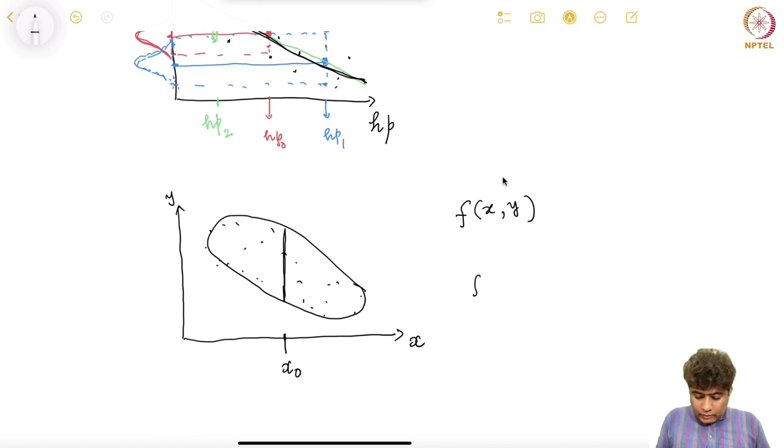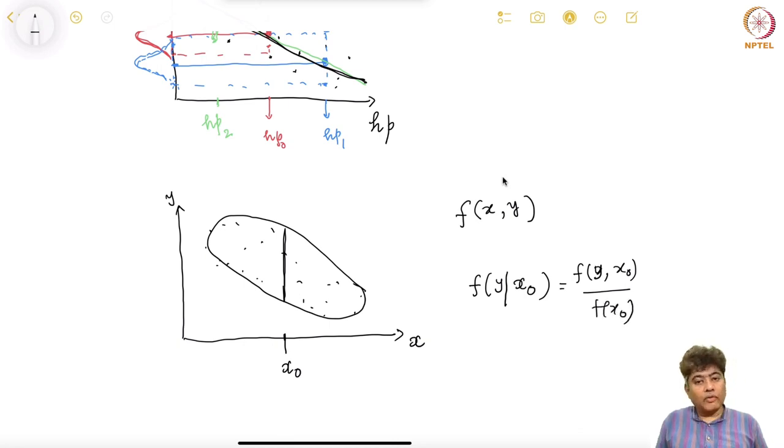That would be the distribution of y given x equal to x naught. This is the conditional distribution that we are thinking of. We can think of this as f of y comma x naught divided by f of x naught.